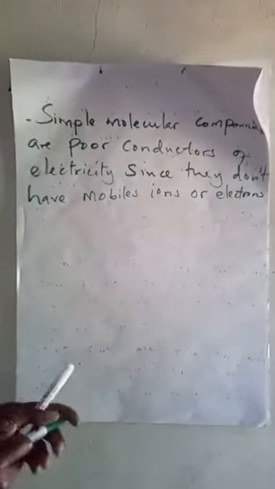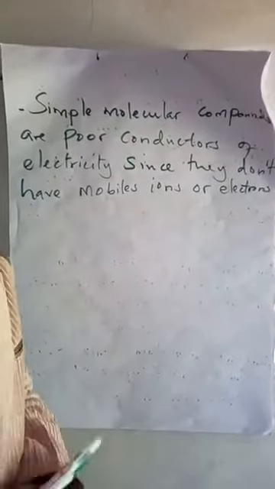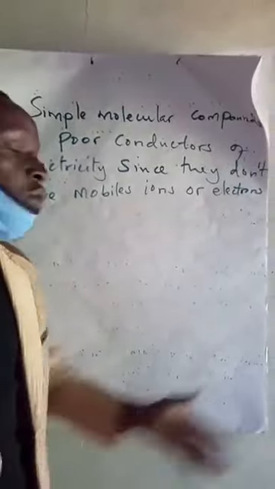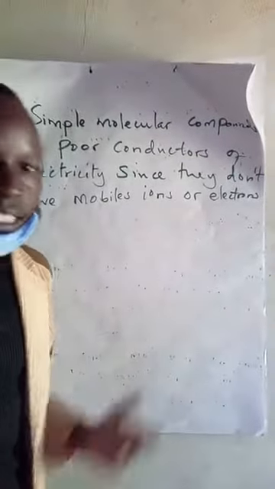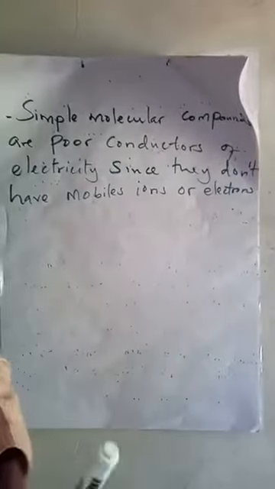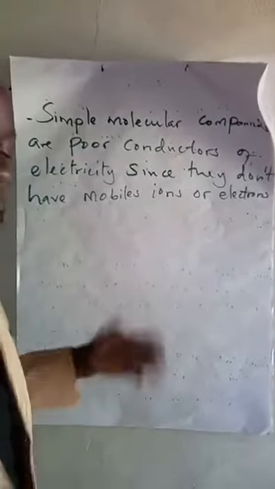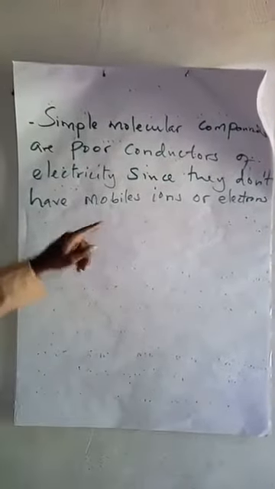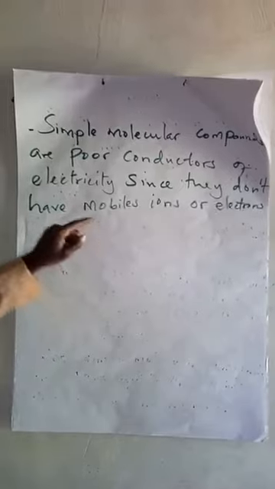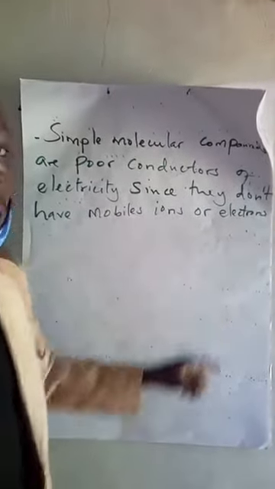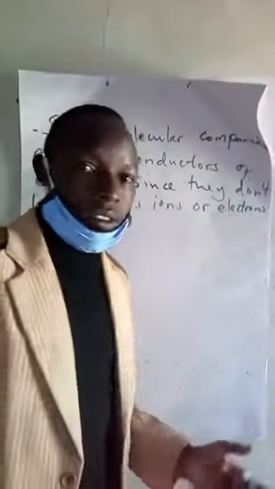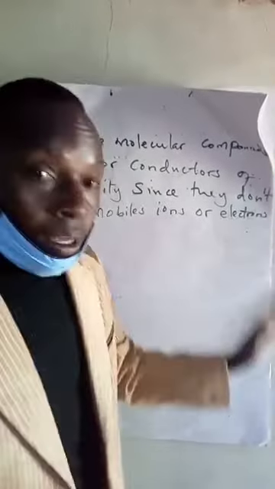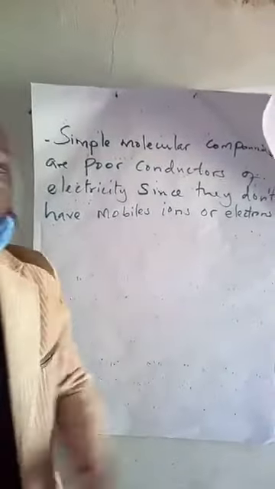We have said in our previous lessons that for any substance to conduct electricity, it requires either mobile ions or delocalized electrons. Absence of these means the substance does not conduct electricity.